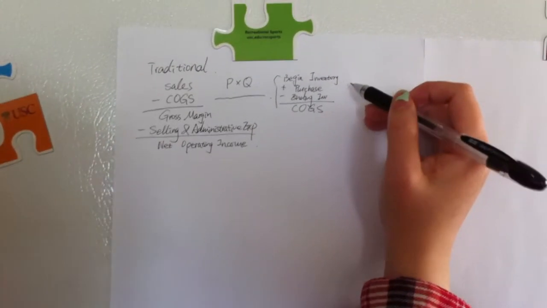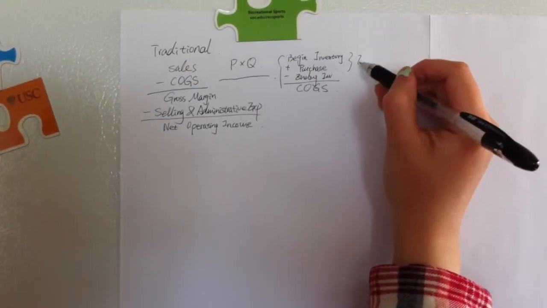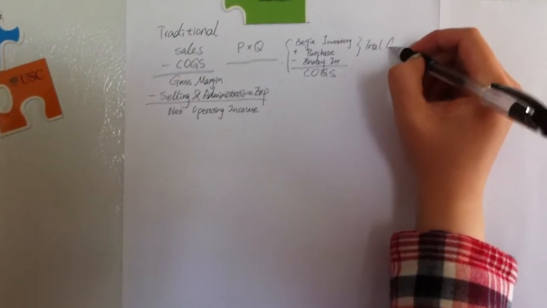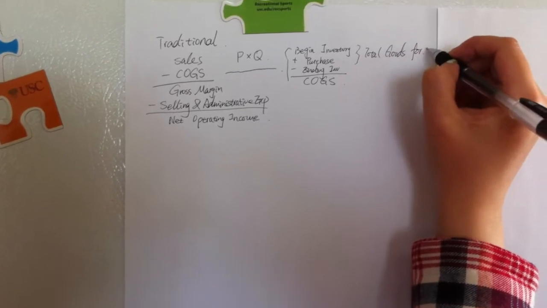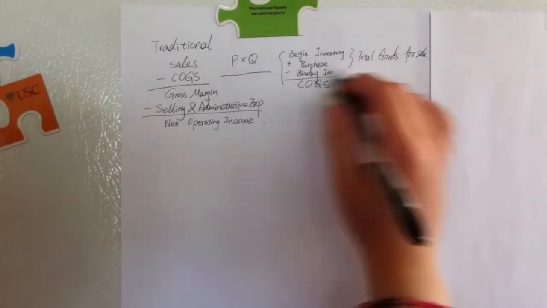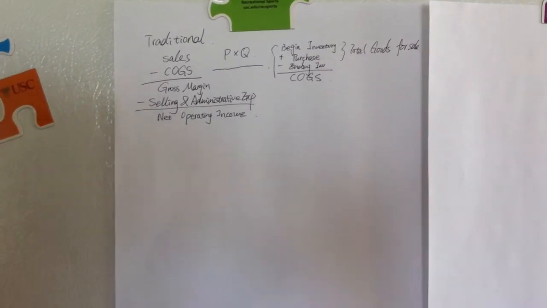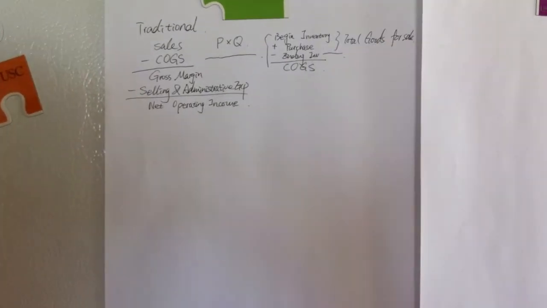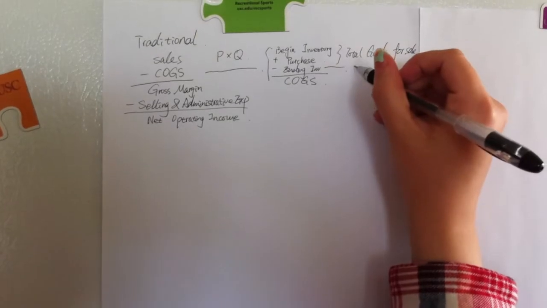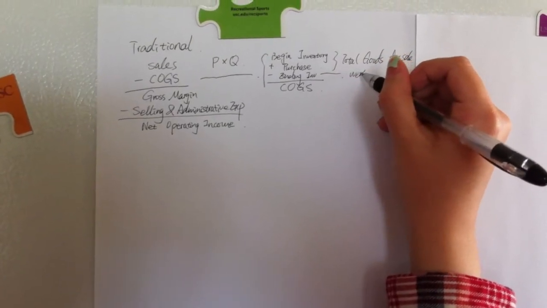Beginning inventory plus purchase of goods gives you total goods available for sale. Okay. Ending inventory tells you the amount of goods that we weren't able to sell.